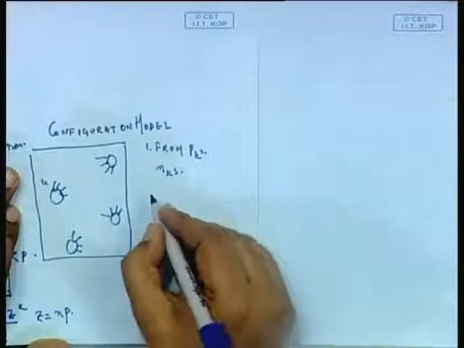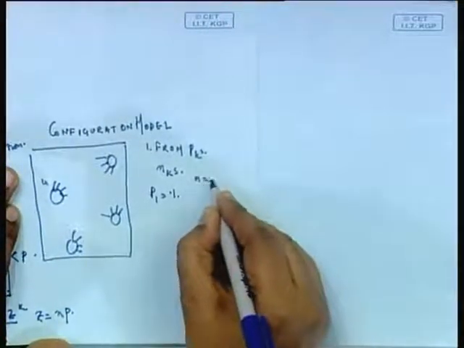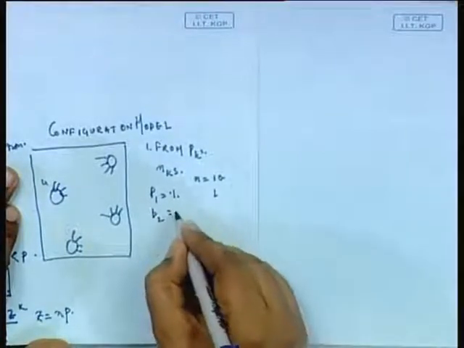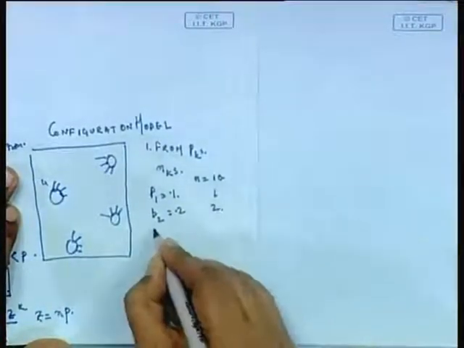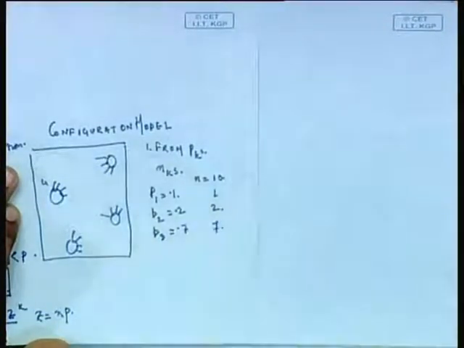Like you are given P1 is 0.1 and n is say 10, then 1 node; P2 is 0.2, then 2 nodes; and P3 is 0.7 means 7 nodes. So, this is known.